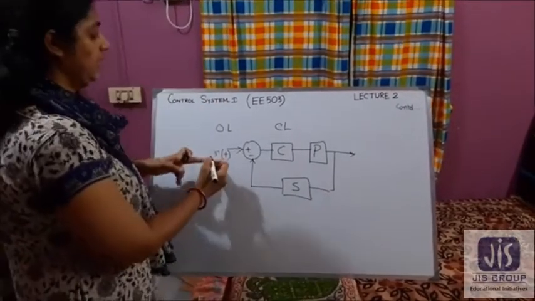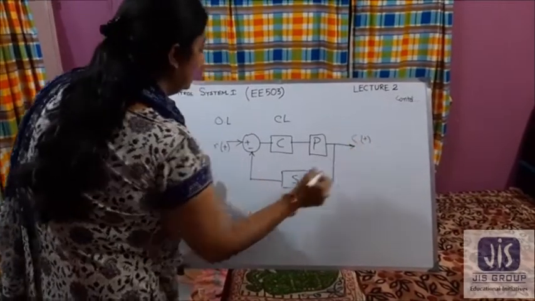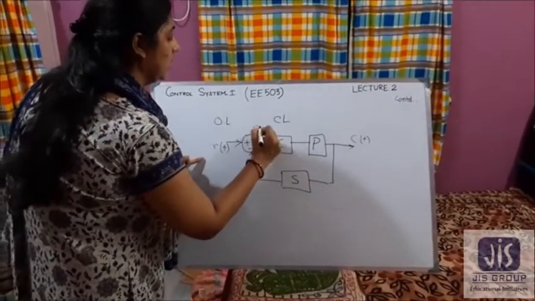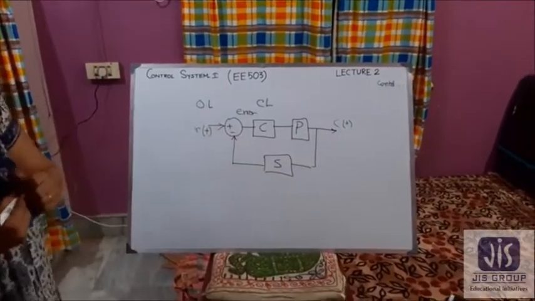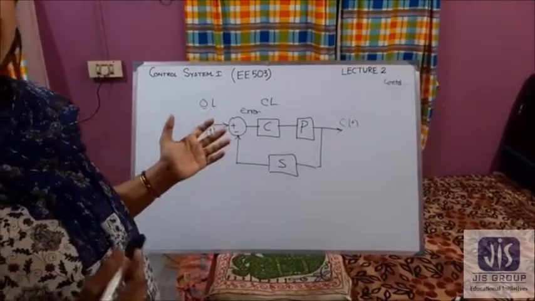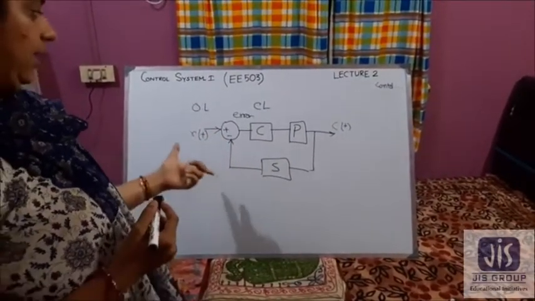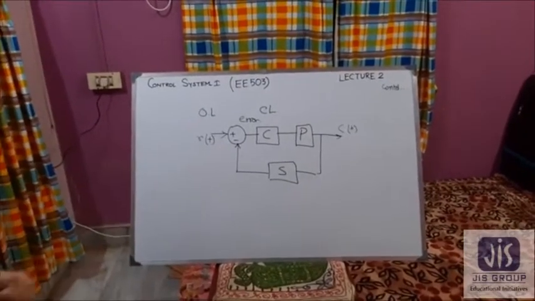The difference between this reference input and the controlled output is known as the error signal. So this is the error signal. So this is the complete closed loop system. So what is the effect of the feedback in this system? Next we will discuss the different effects of the feedback.